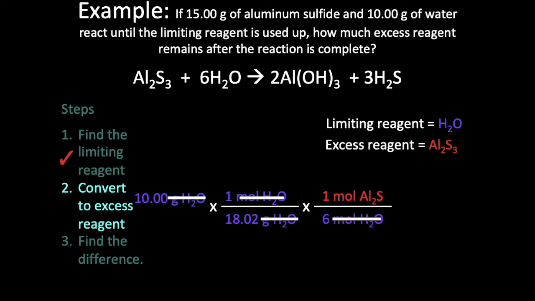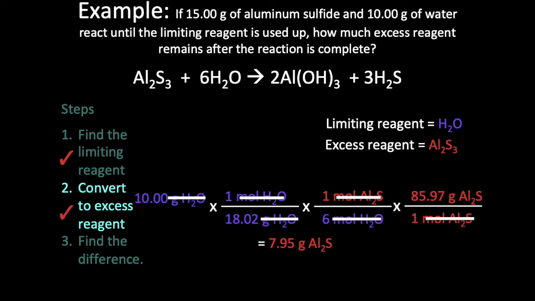And finally, we use the molar mass ratio to get rid of moles of aluminum sulfide and convert it into grams. And that will give us a value of 7.95 grams of aluminum sulfide. That means that every time we use 10 grams of water, we will also use 7.95 grams of aluminum sulfide. And that completes step 2, and we'll move on to the final step, finding the difference between those values.